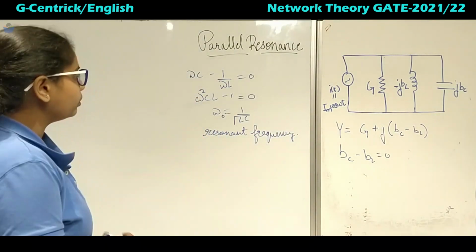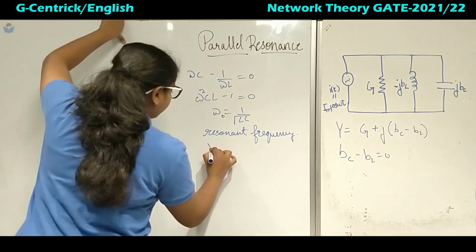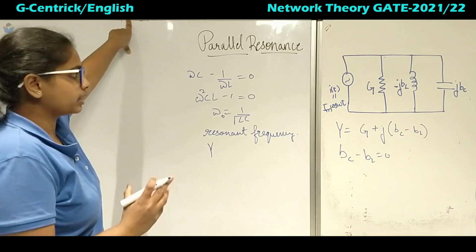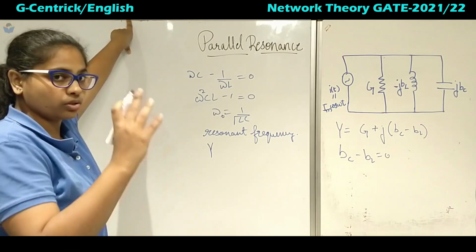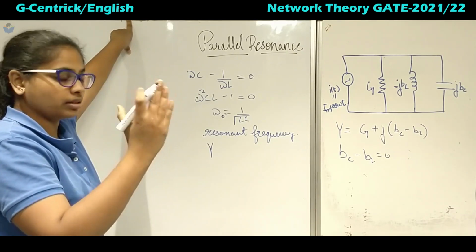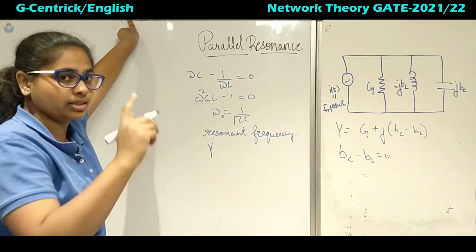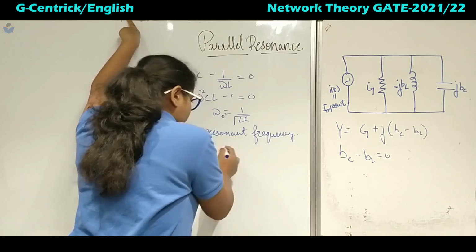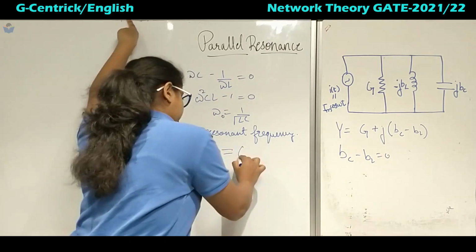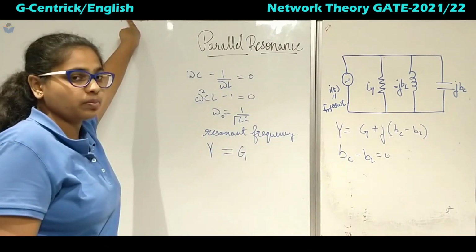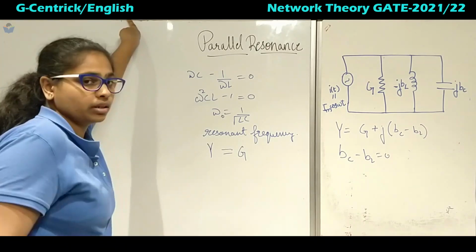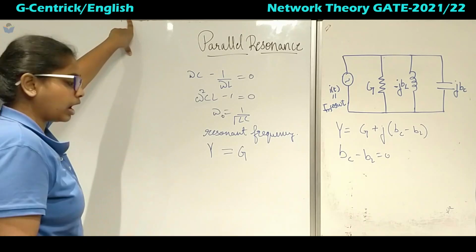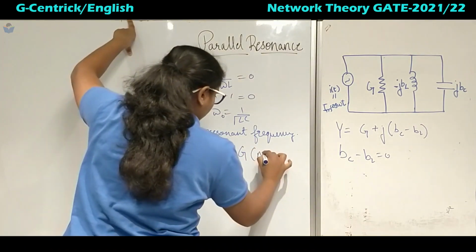Now you can see that the imaginary part of this circuit is 0. In this case it is admittance, and there it was impedance. So the admittance will be equal to the conductance G. There it was Z equal to resistive, that is R. So what will be this value?